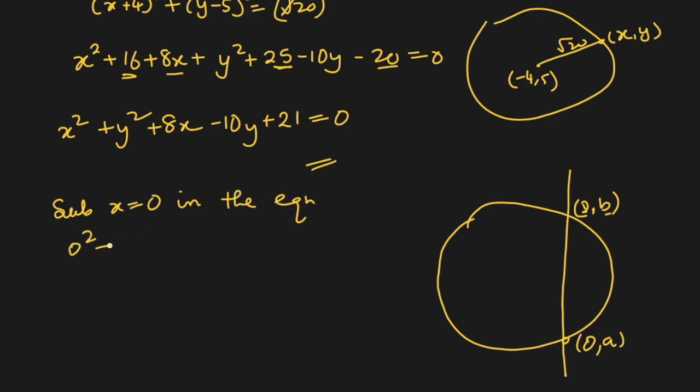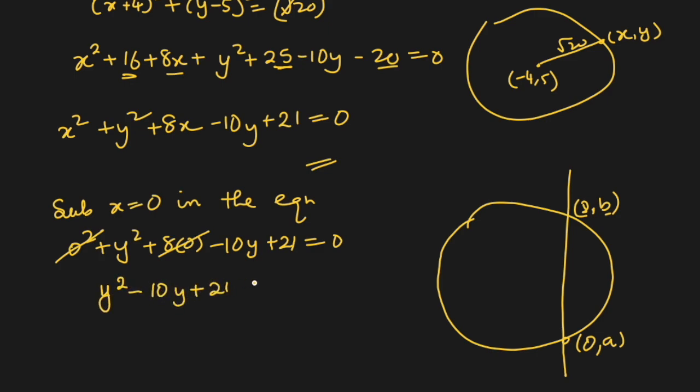So 0 square plus y square plus A times 0 minus 10y plus 21 equal to 0. The A term is gone, and we get a quadratic equation equal to 0. Now we can find y by different methods. I'm splitting the middle term.